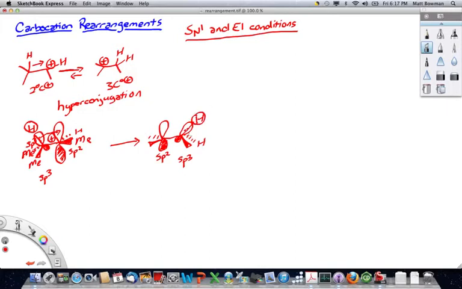Okay? And this tertiary carbocation is like that. Now, this hydrogen can shift back and forth, going from tertiary carbocation to secondary carbocation and back and forth, but the most stable form is the tertiary carbocation, and that is what the nucleophile is going to attack.